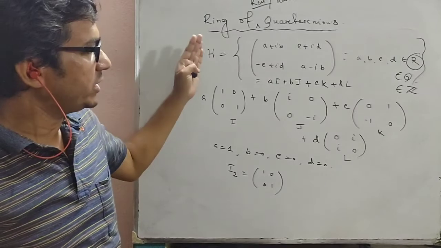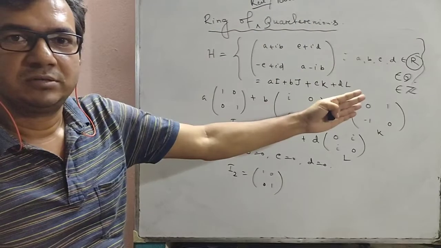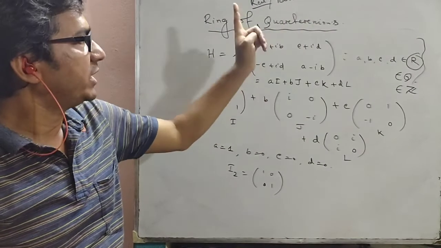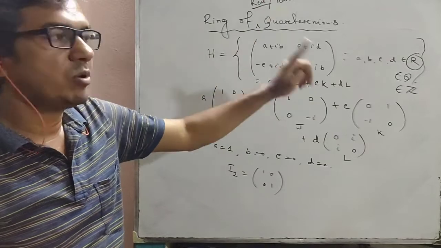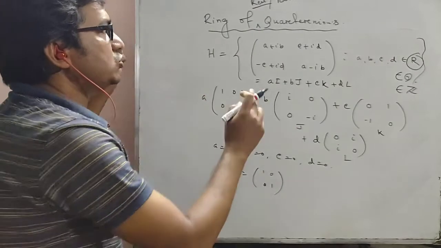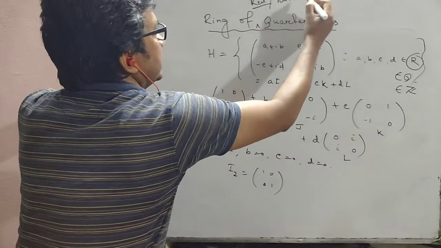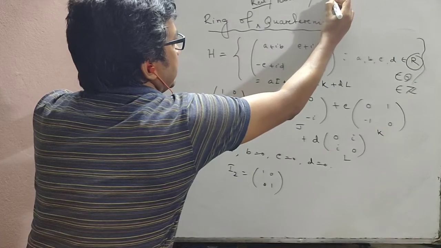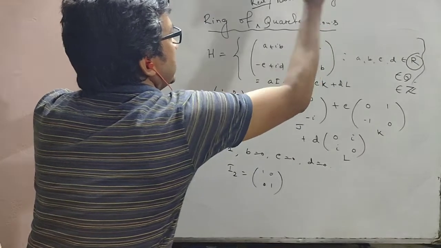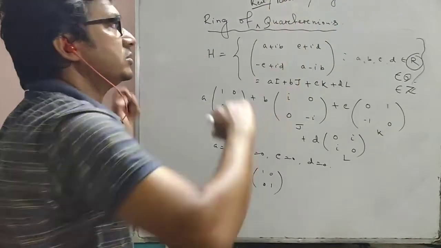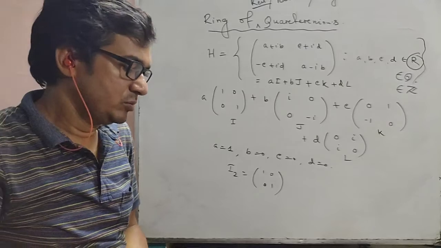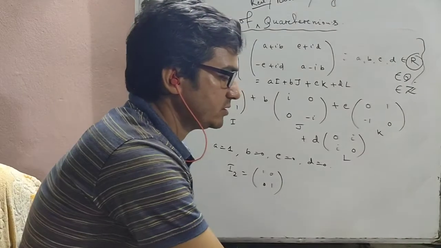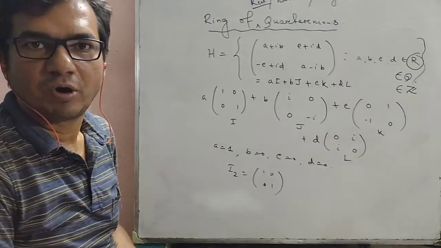So from the one example we get three rings: the ring of real quaternions, the ring of rational quaternions, and this last one, the ring of integral quaternions. Okay, so we get some important examples of a ring.